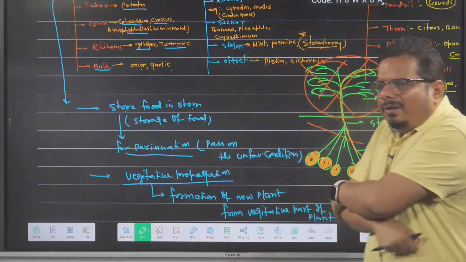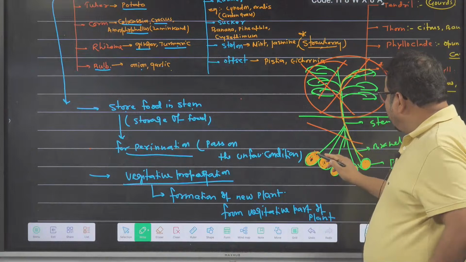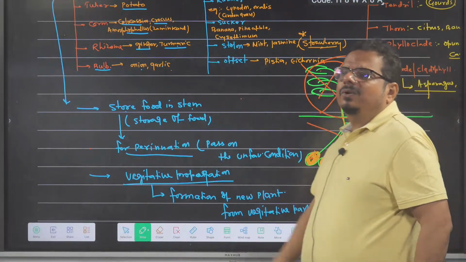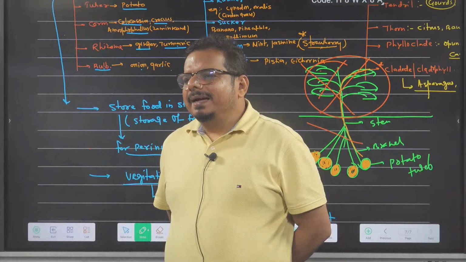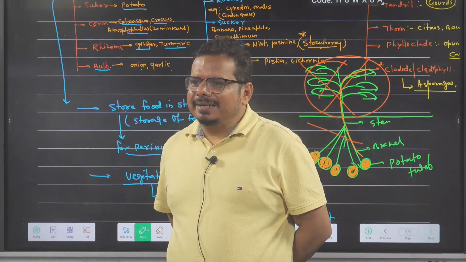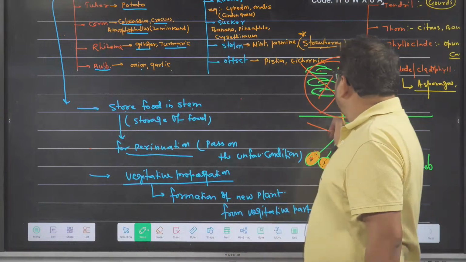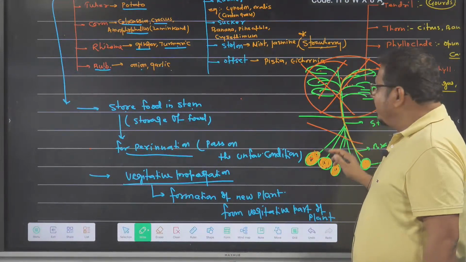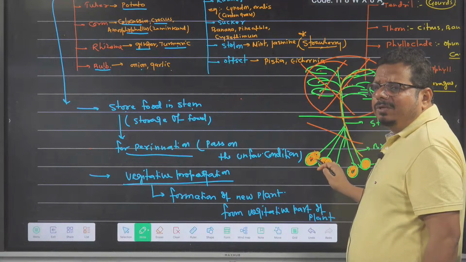So this part is remaining dormant under the soil, as long as favorable condition does not come. Understanding the idea? Clarity coming in mind or not? This part dies when unfavorable condition comes, but the unfavorable condition does not affect the part under the soil.